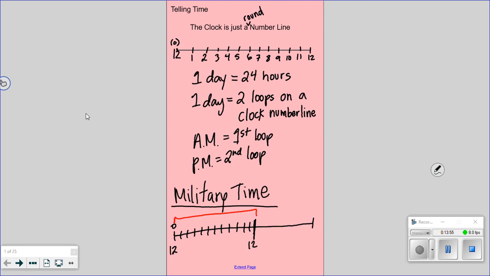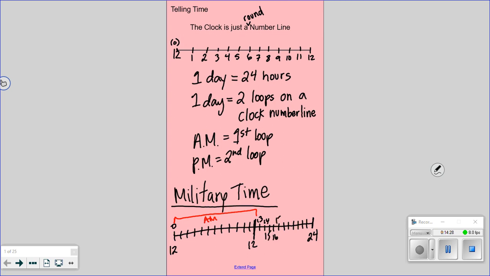Raise your hand, please. a.m. The military said, I don't need that AM. I'll just keep on counting. 13, 14, 15, 16, 17, 18, 19, 20, 21, 22, 23, 24. They literally just keep counting.